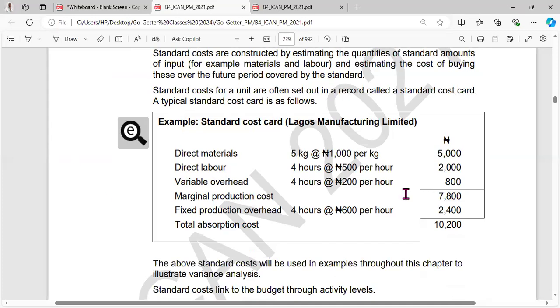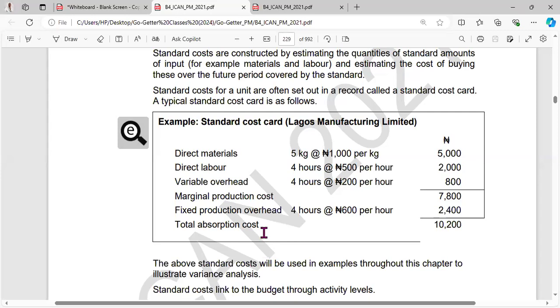When you add them together, you get your marginal production cost, which we also call variable production cost. This is variable production cost per unit, of course. Then we have fixed overhead, where this 600 naira is the overhead absorption rate. This is the total absorption cost. Of course, when you say absorption cost, you know it's full cost. So that is the standard cost card.